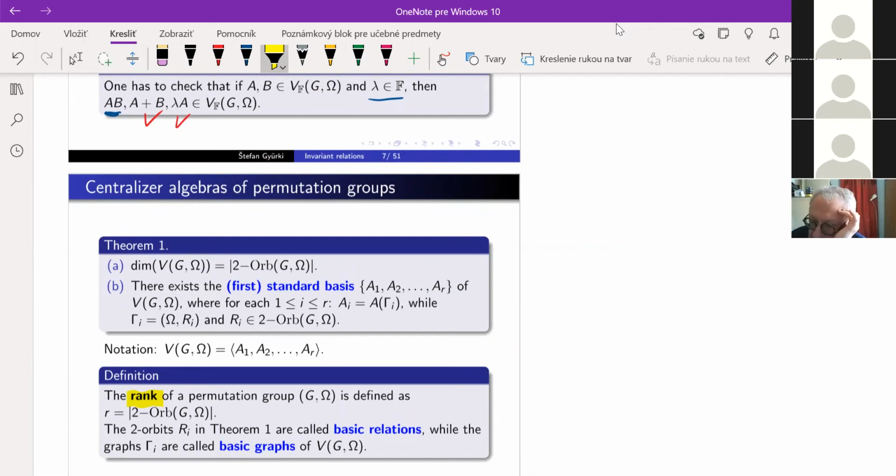And also, if we take the adjacency matrices of the basic graphs, or adjacency matrices of the relations which are formed by the two-orbits, then we obtain a basis for this algebra, and this basis is called the first standard basis.